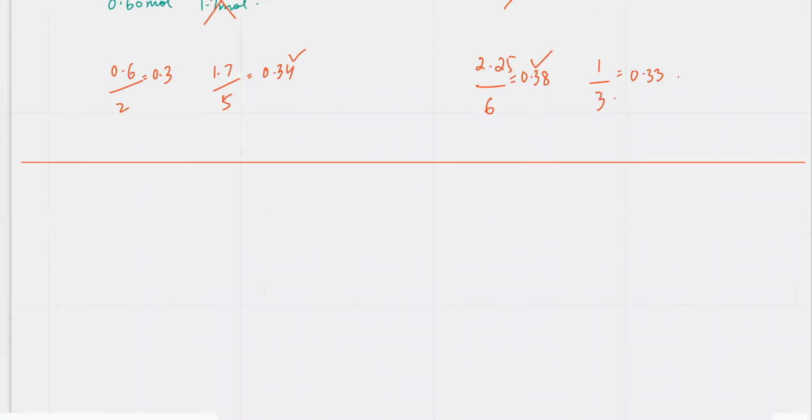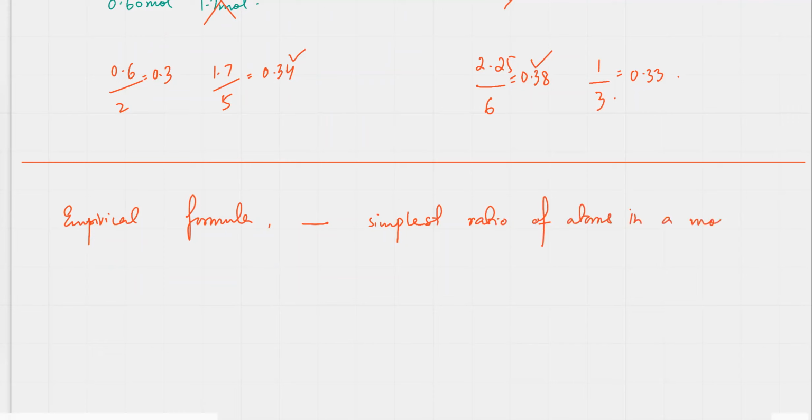So the empirical formula gives you the simplest ratio of atoms in a molecular compound, in a molecule.